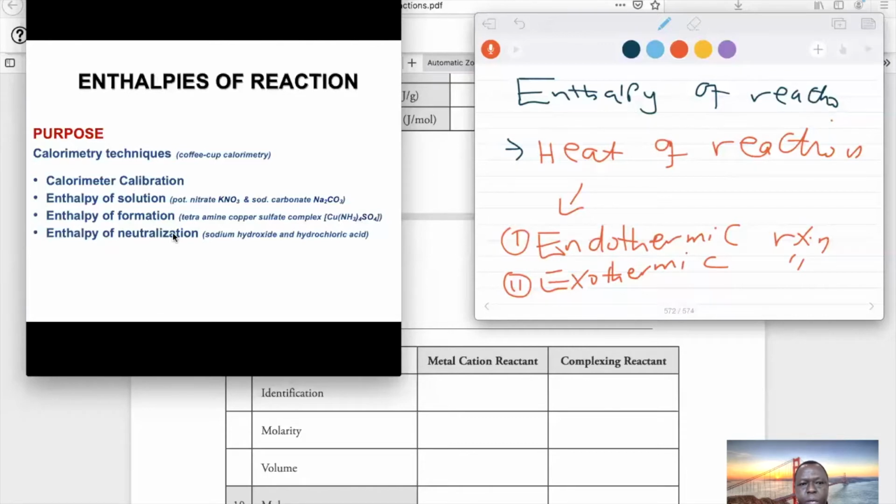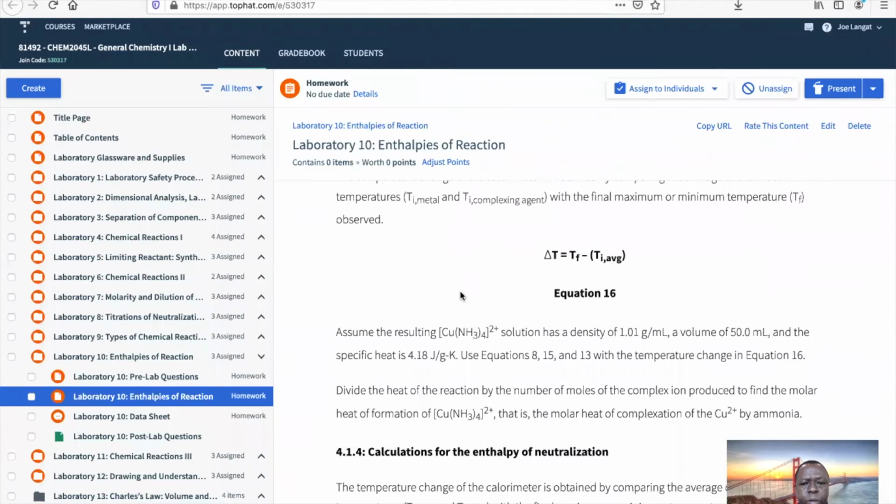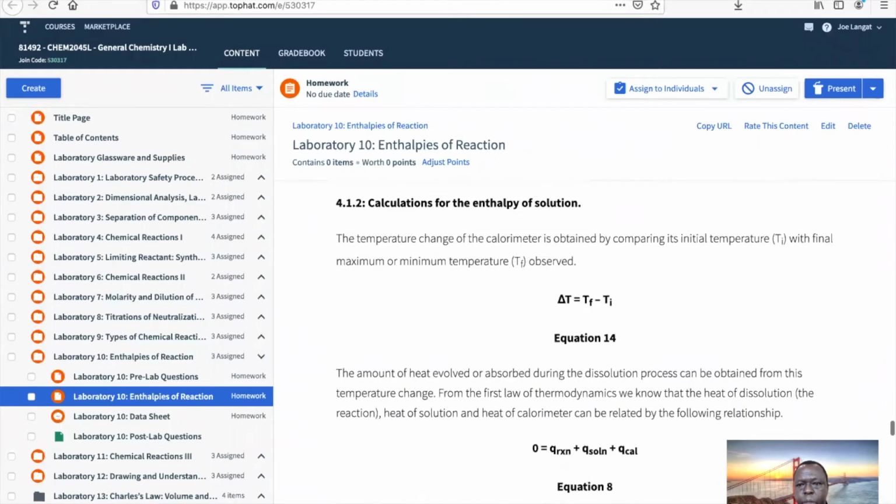You saw on the quiz the diagram of a coffee cup calorimeter. It is given in the lab manual, which is just a simple coffee cup.